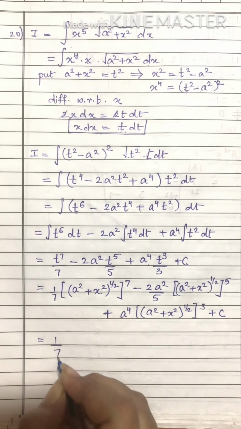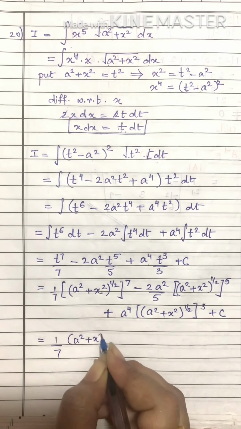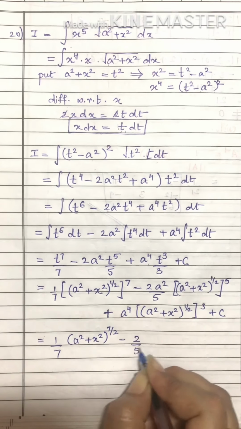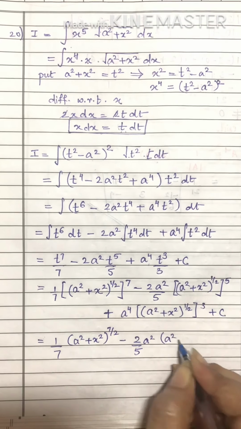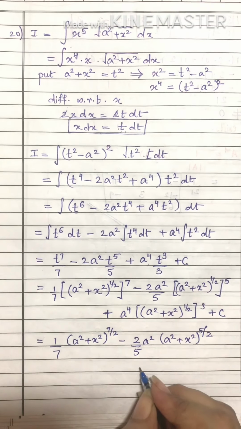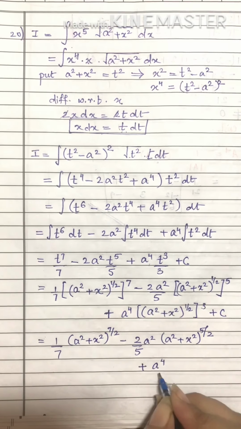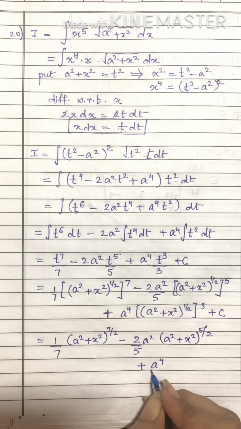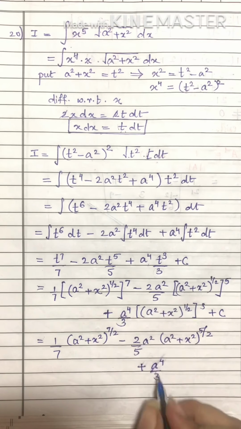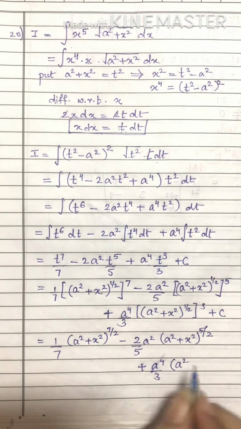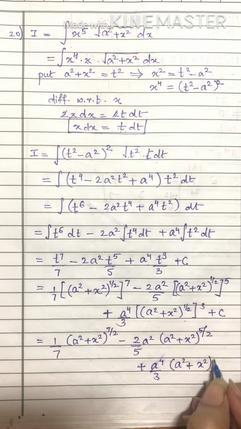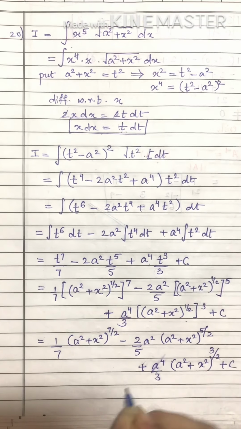So we get 1 upon 7 a square plus x square raised to 7 upon 2 minus 2 upon 5 a square into a square plus x square raised to 5 upon 2 plus a raised to 4 upon 3. Okay, here I have missed this upon 3. Into a square plus x square raised to, here we'll get 3 upon 2 plus c.